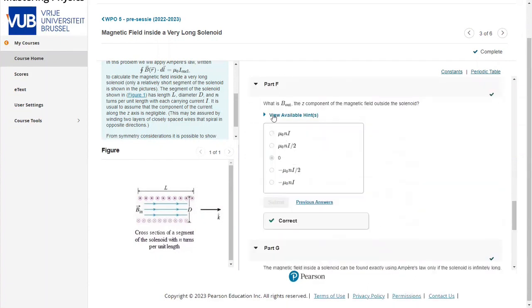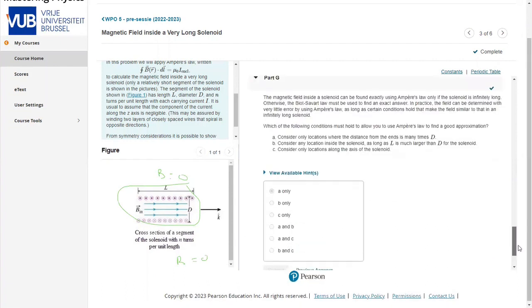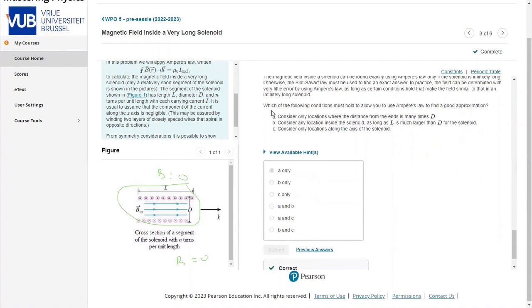Part F, what is B outside? So basically they say that B outside is here, or here, but not in this thing. So it's zero, always zero. It's outside. So zero is here. G, which of the following conditions must hold to allow use of this formula, because the only location where the distance from the ends is many times the radius. Okay, yeah.